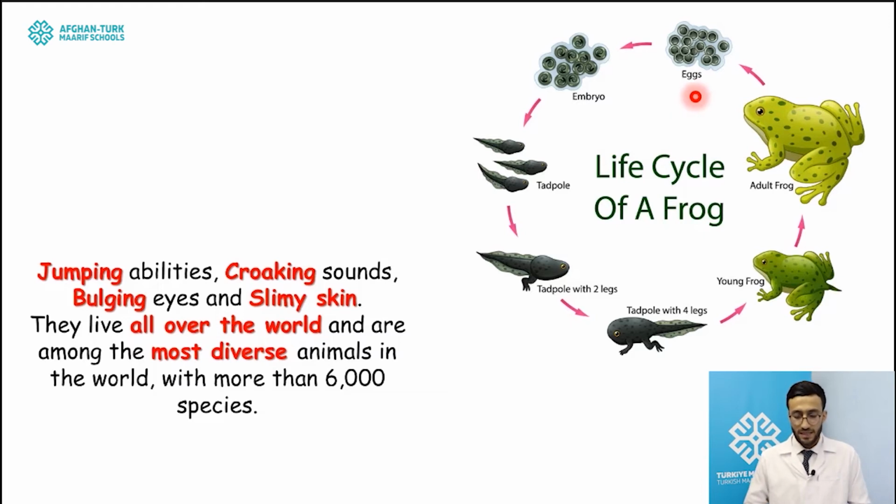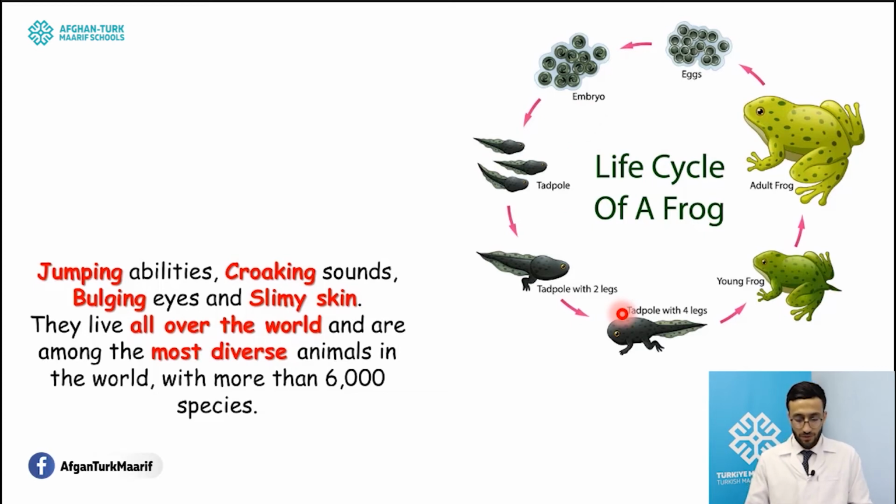About their life cycle, we can imagine that their life starts from eggs. After fertilization, this changes into an embryo. They start their first period of life inside the water, in an aquatic environment, and in that stage we call it a tadpole. Tadpoles, after some time, change into a young frog.